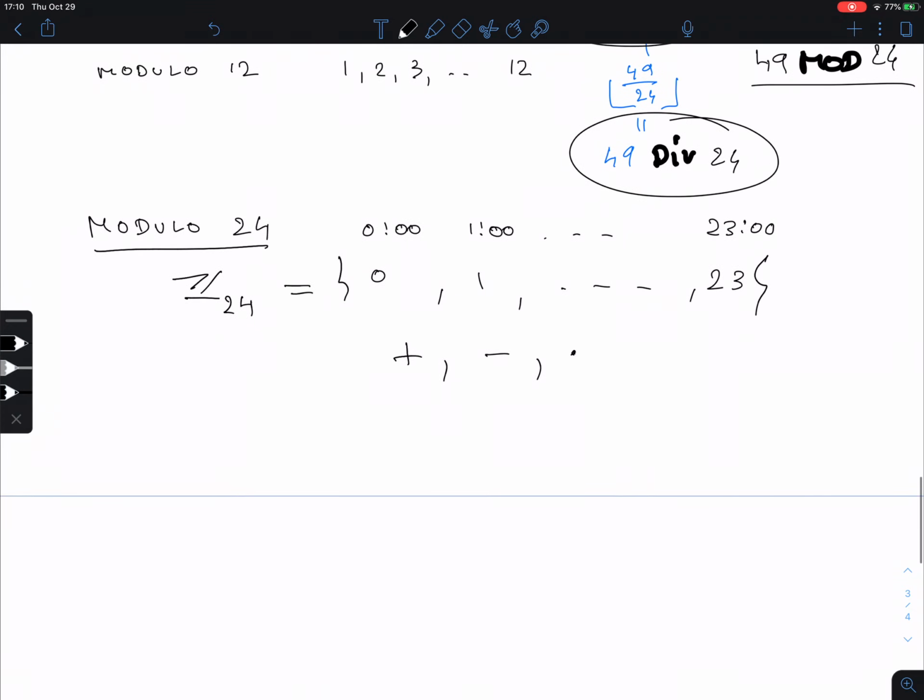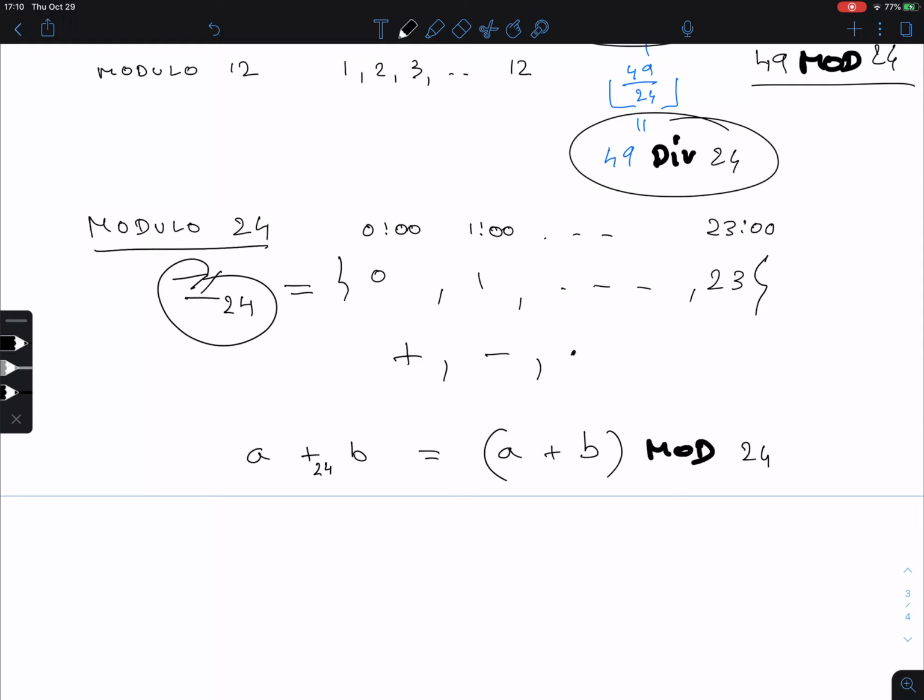How do you calculate A plus B in this set here? To indicate that it is an addition modulo 24, we sometimes use the subscript 24 here. You take the actual numbers A and B, the actual natural number values, and then take the mod of 24.